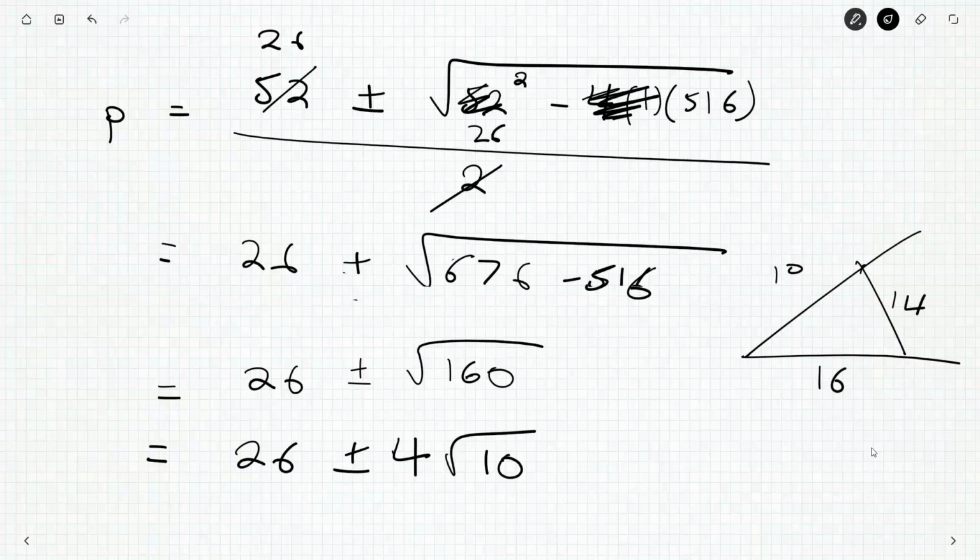But 4 root 10, I'm just going to grab my calculator. 4 times square root of 10, 12.6 plus 26 is 38.64. So that is smaller, so I can't rule that one out.